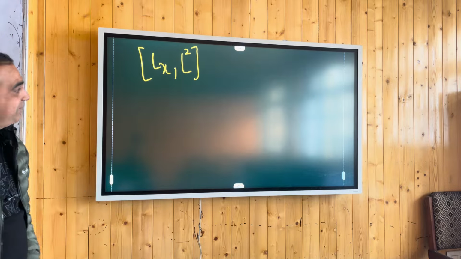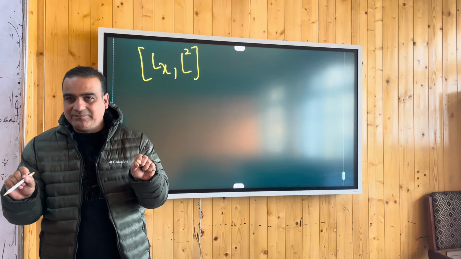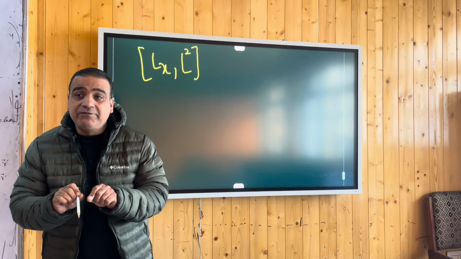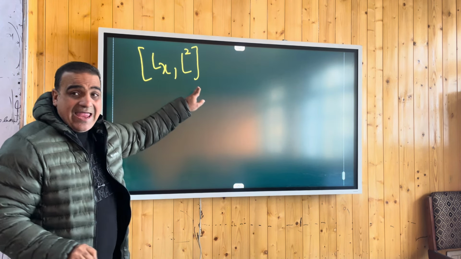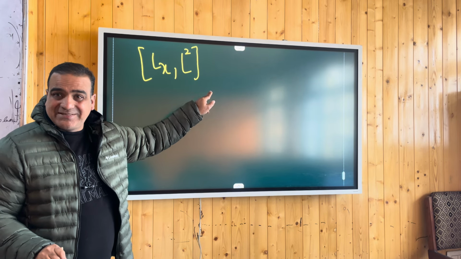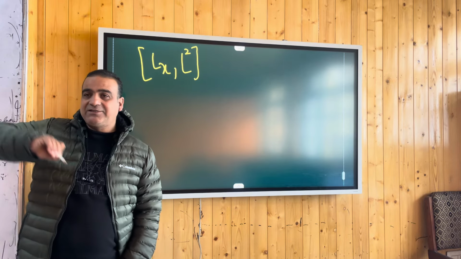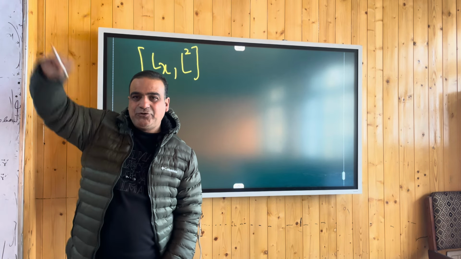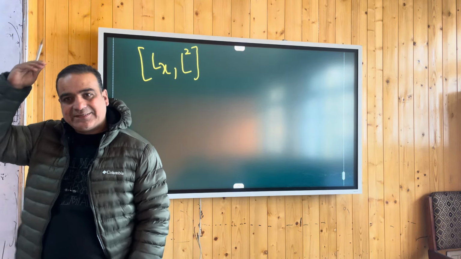Angular momentum in Cartesian coordinates has three components, and the magnitude L square is Lx square plus Ly square plus Lz square, just like r square is x square plus y square plus z square.